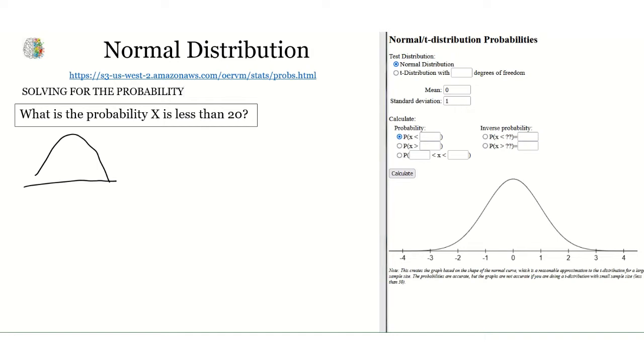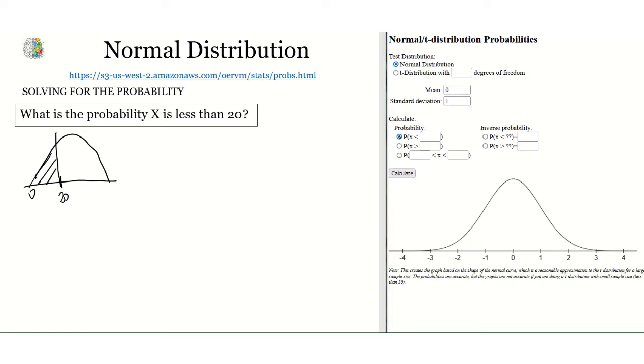We would expect that for some value 20, we're going to want to know this probability. And so we want to find the probability that x is going to be somewhere between 0 and 20. And so we want to know what is the shaded area. That's going to give me my probability.